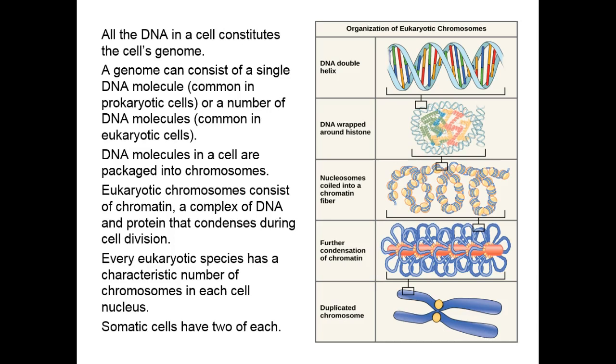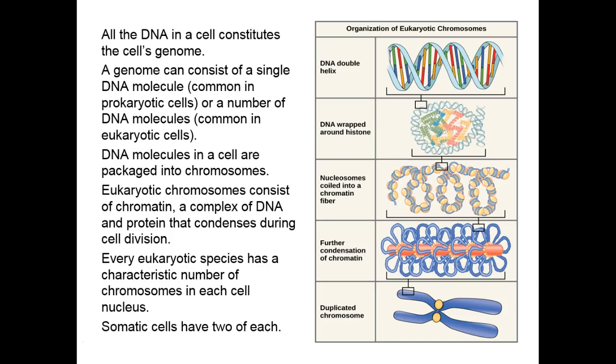Then you have them coiled into chromatin fibers, and then after that, further condensation, and that condensation is what we can visually see under the microscope as condensed chromatin, which we call a chromosome.